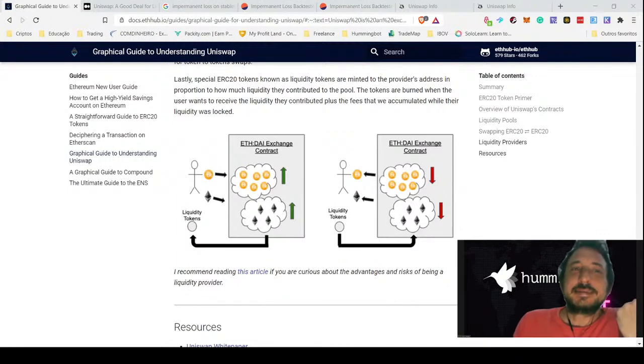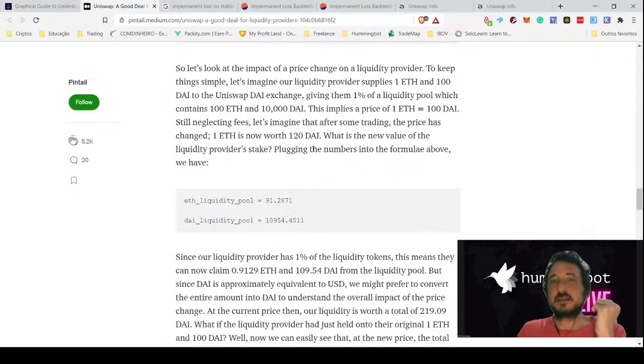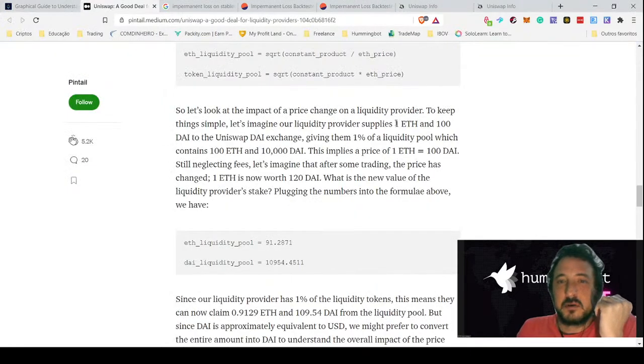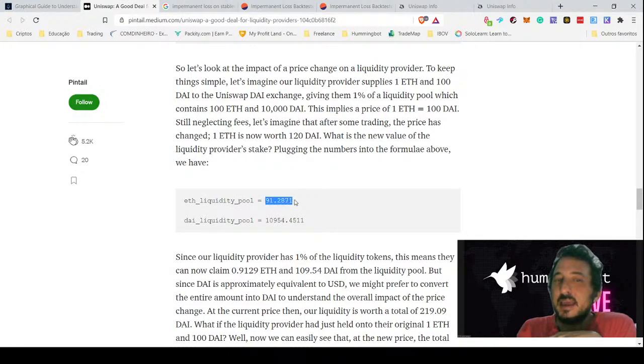Then you start to see what happens when you have two assets that aren't directly correlated, for example one ether and one DAI in the pool, right? If someone buys ether and sells DAI on that pool, the total liquidity of ether in that pool will decrease, and the amount of DAI will increase, right?